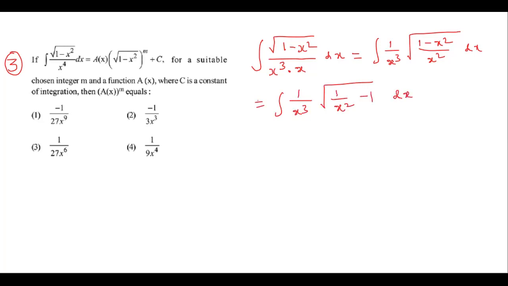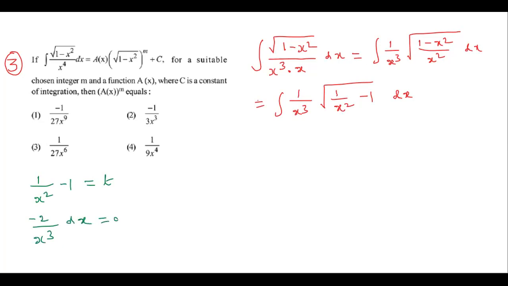Okay. Now here let 1 by x square minus 1, that is equal to t. 1 by x square means that is x power minus 2. We get derivative of 1 by x square is minus 2 divided by x cube. Derivative of minus 1 is 0.